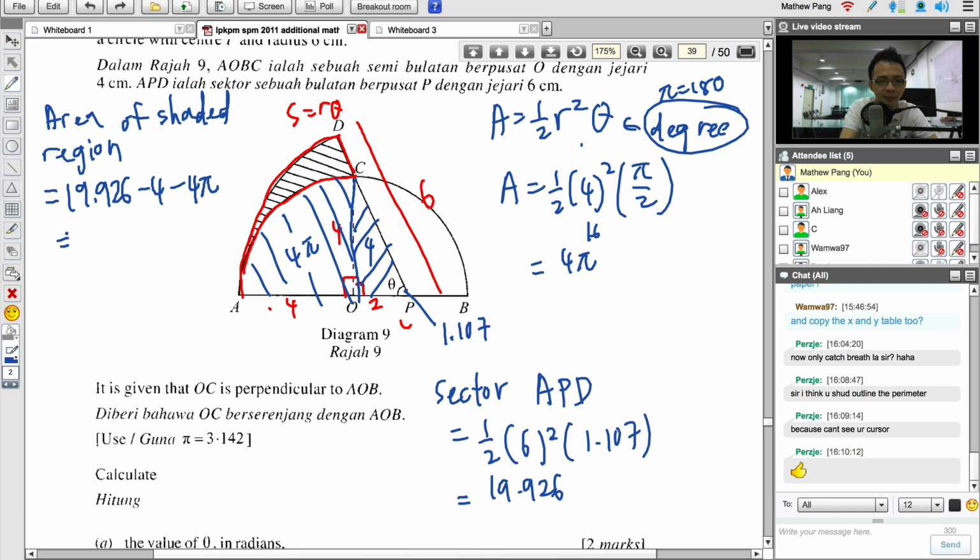So you got the shaded area is 3.36 unit squared, cm squared in this case. Alright, this is all cm squared. Should have no problem, right? Find the perimeter of the shaded region, area of the shaded region, and how to find the angle. It's quite simple for this question. Alright, I'm going to move on to the next one.